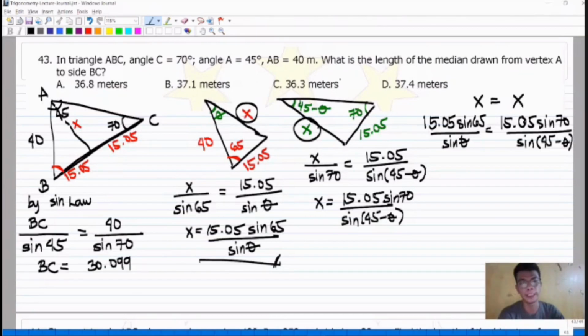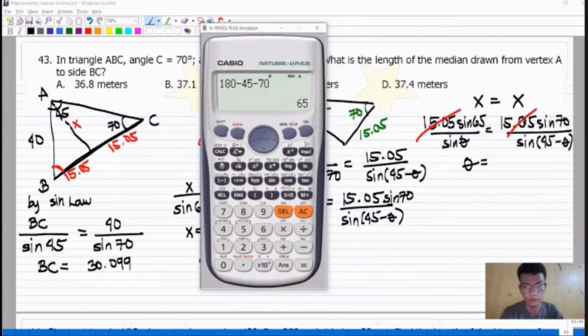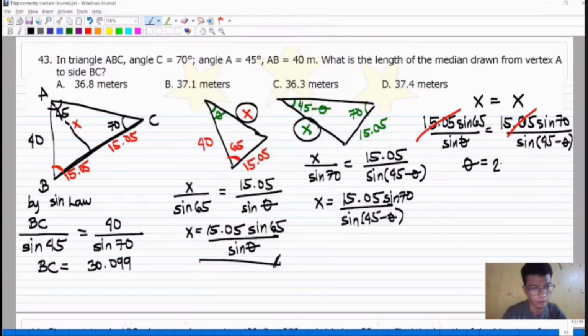Dito makukuha natin yung value ni theta kasi siya na lang yung unknown. Cancel yung 15.05 dahil parehas silang meron. Solving for theta, sine 65 divided by sine theta equals sine 70 divided by sine 45 minus theta. Quick solve, ang theta natin is 22.07.